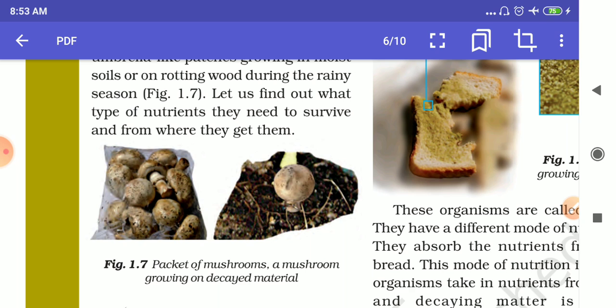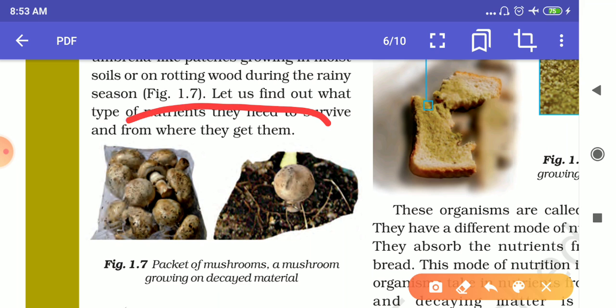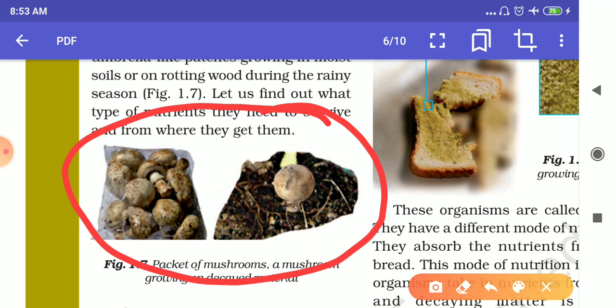You will find mushrooms grown in the rainy season where plant remains are kept. These are mushrooms. These mushrooms grow from the leftover or dead plant remains and animal remains. They don't do photosynthesis because they lack chlorophyll. They get their food from the remains of plants and animals.